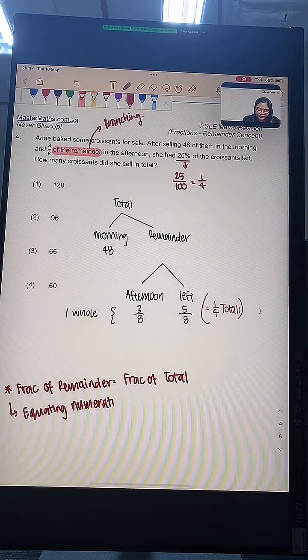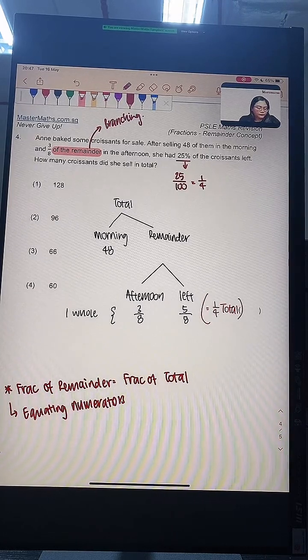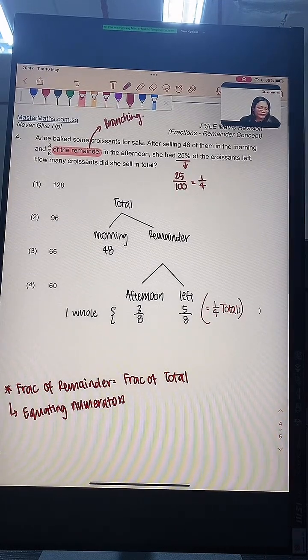Whenever we have a fraction of remainder equals another fraction of total, we want to equate the numerators.